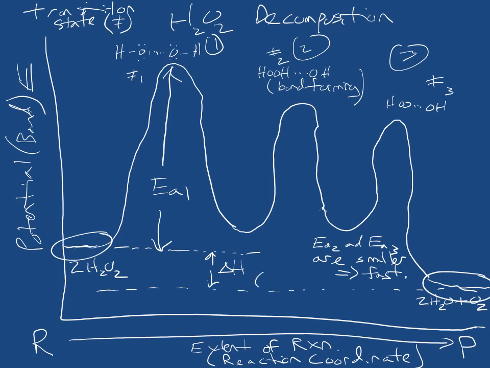In this case, it's going to be negative or exothermic. So the potential energy of the products, which is less, minus the potential energy of the reactants, which is more, gives you a negative number, which you interpret as exothermic. And I think that's it.